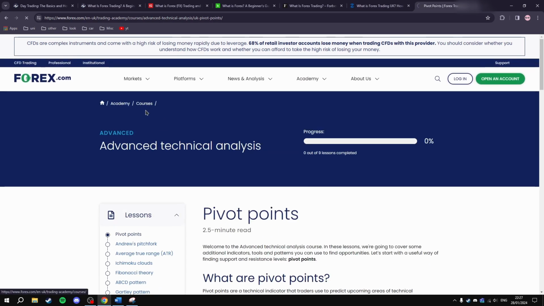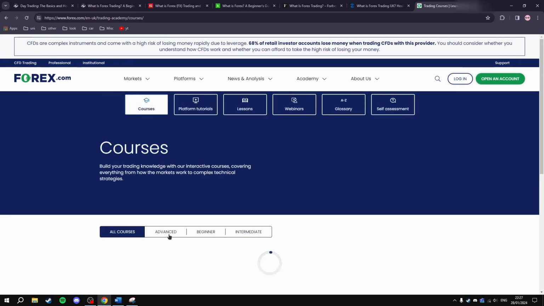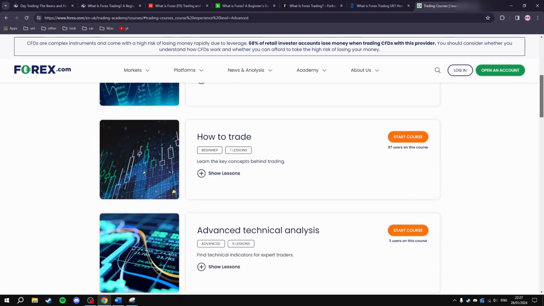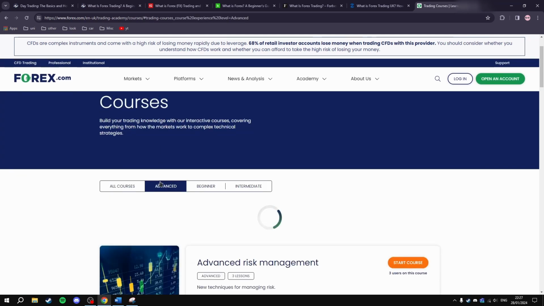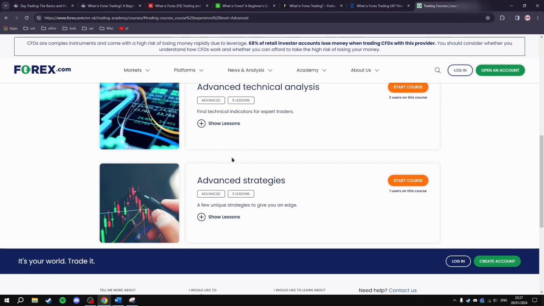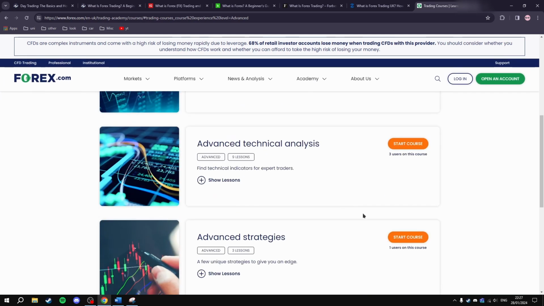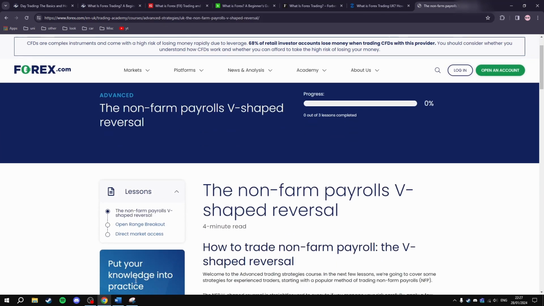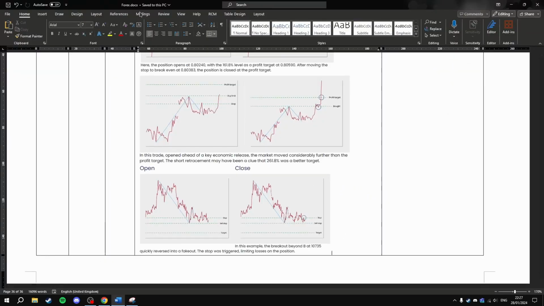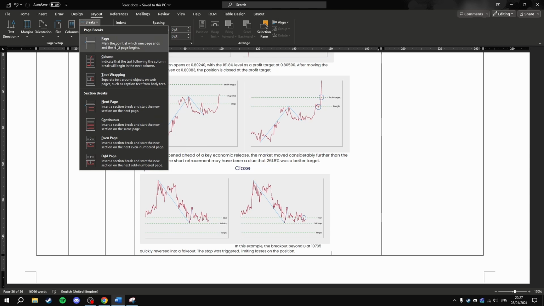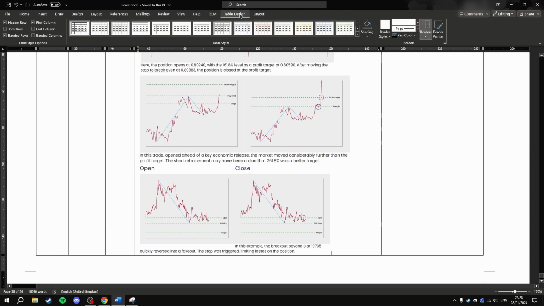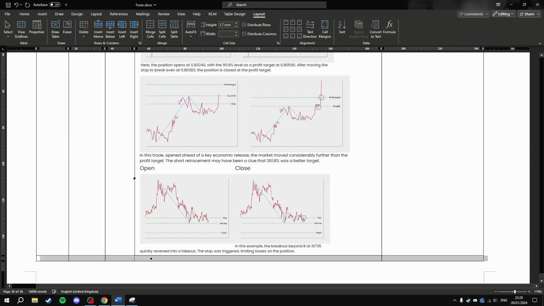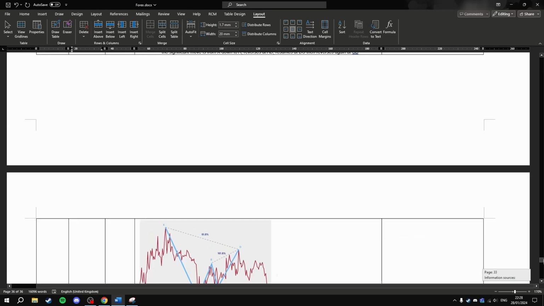So, woohoo! Advanced risk management. Next, advanced strategies. So, layout. Oh no, not breaks. Table layout below. This is the title of the thing, isn't it? Yep.